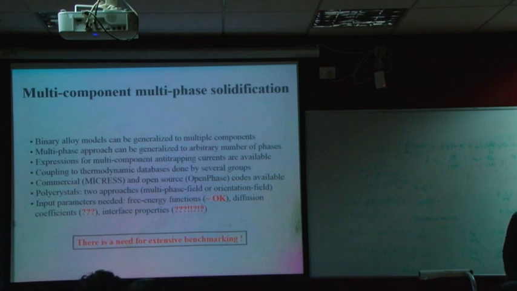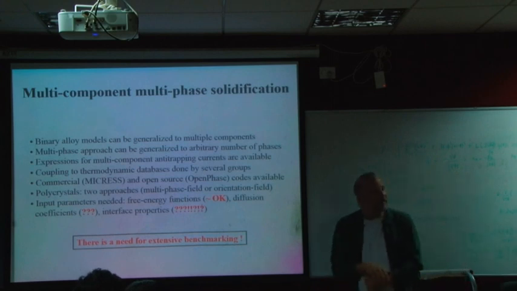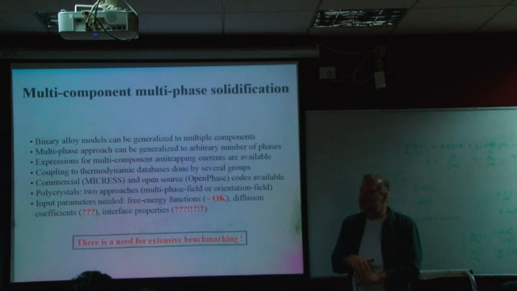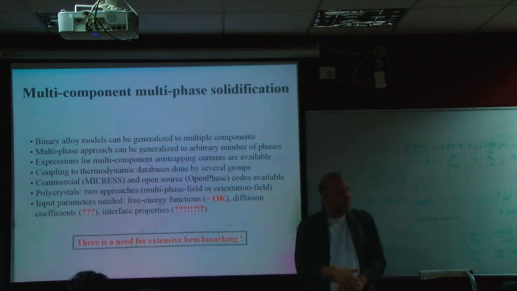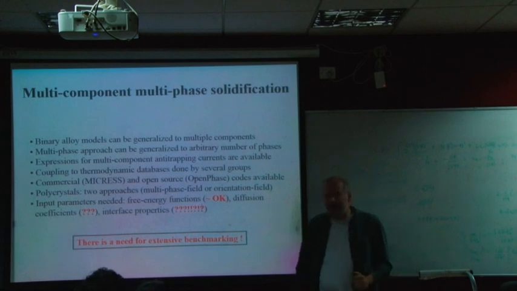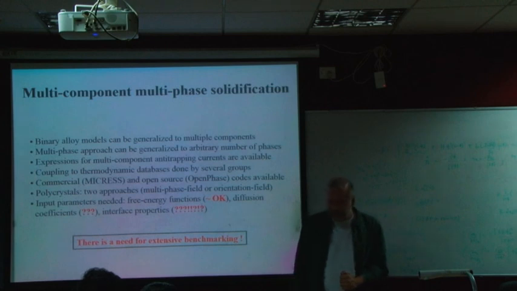There are several on the market in some sense, but the benchmarking in these more complex situations has for the moment not been done very extensively, so we need to check whether these models really hold what they promise. Okay, so that's something we can do and we should do. But in principle, all that is needed to do multi-phase, multi-component certification is there.